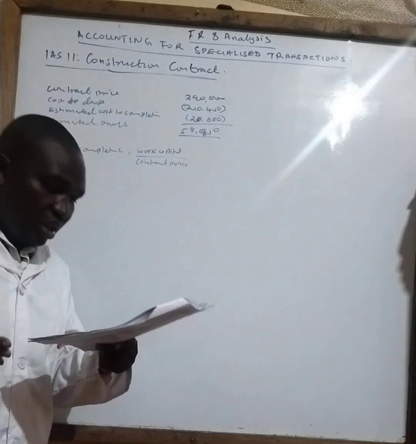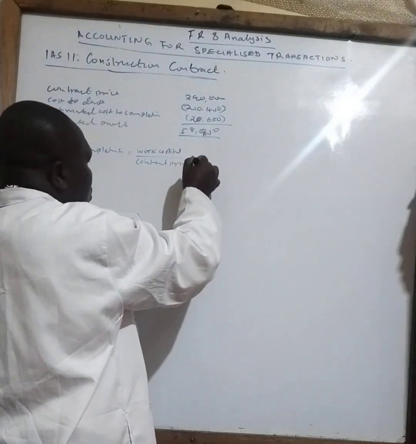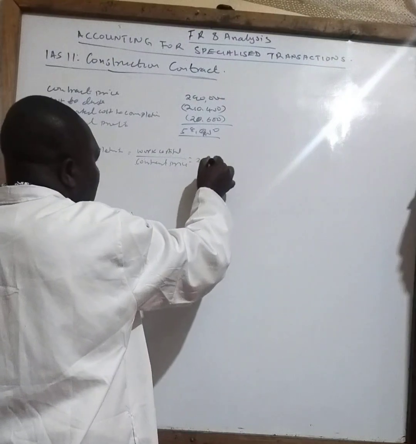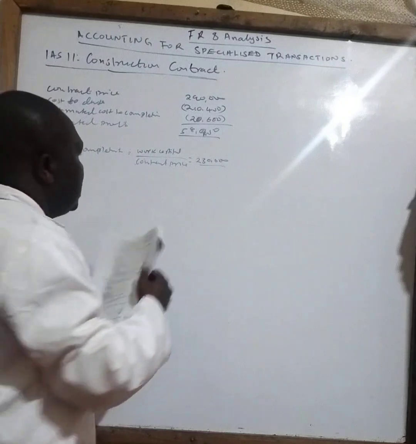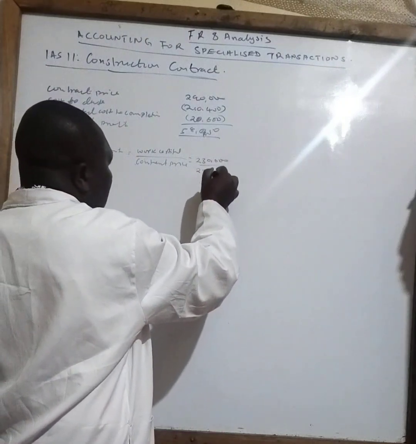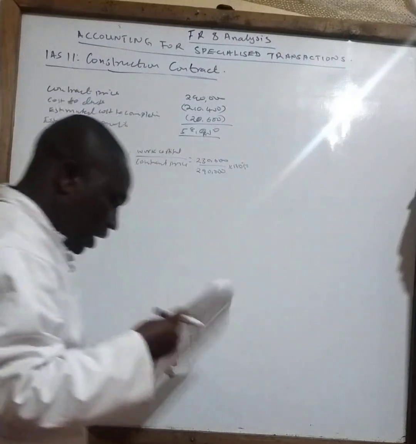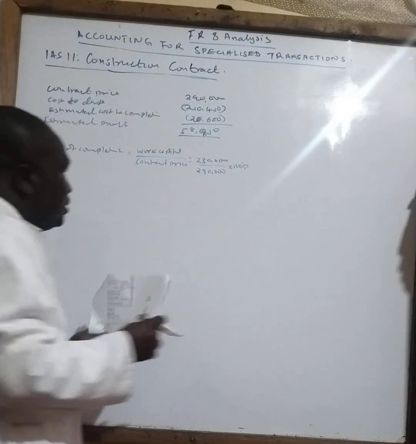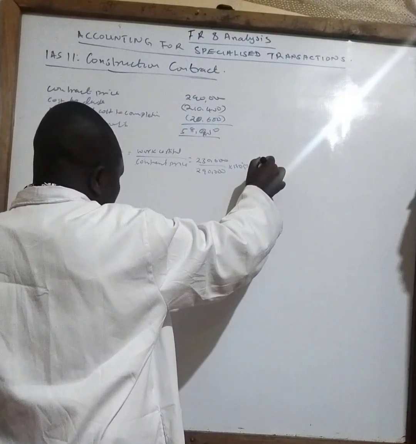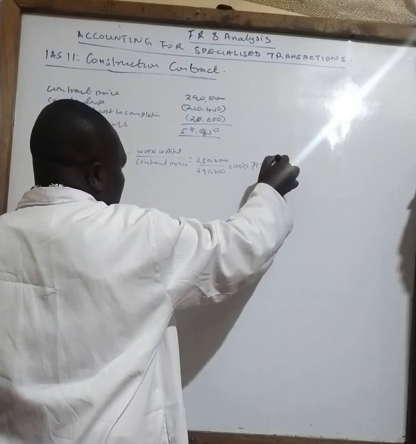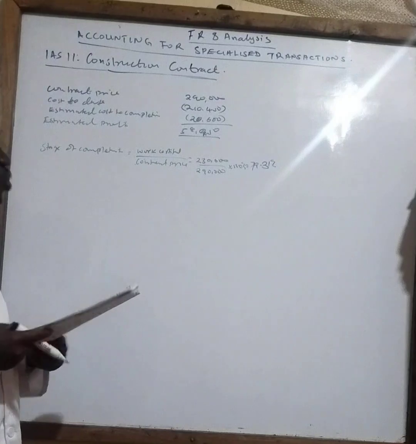From the question you have already been given, value of work certified, 230,000. Divide by contract price, 290,000. So if you multiply by 100%, your answer you get is 79 point what? If you round off to 2 decimal places, 79.31%.